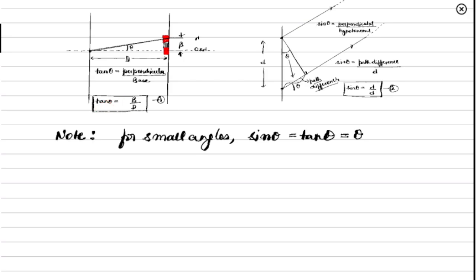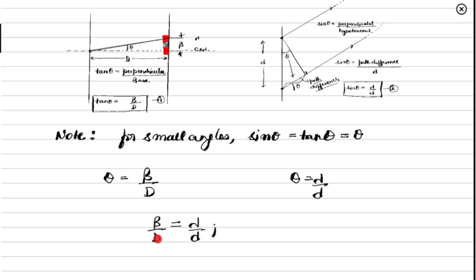Welcome back. So now you believe me. Let's compare. Tan theta is beta by d, so I can say theta is equal to beta divided by d. Sine theta is equal to lambda by d, so I can say theta is equal to lambda by d. We can compare; these should both be equal. So beta divided by small d should be equal to lambda divided by small d.